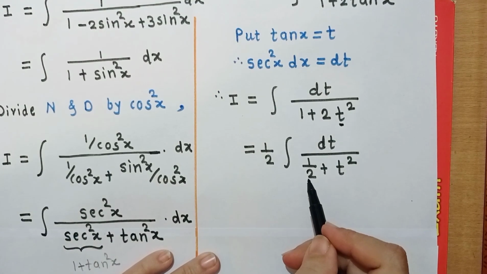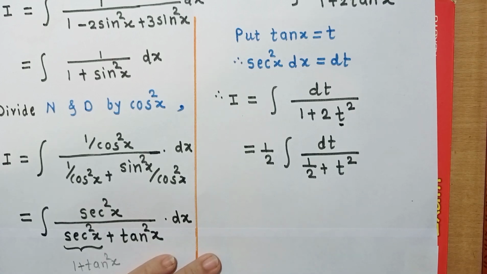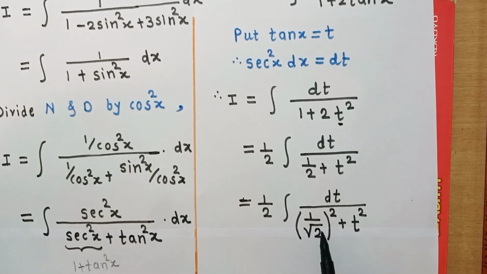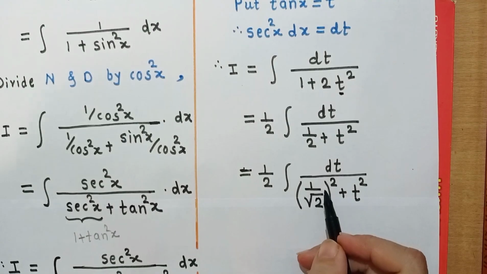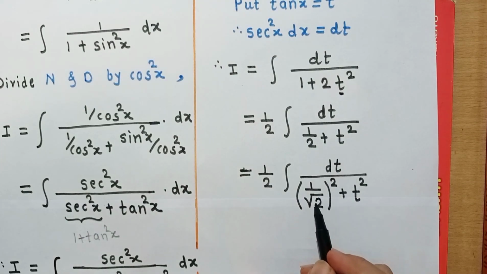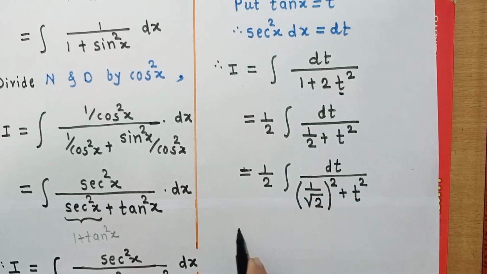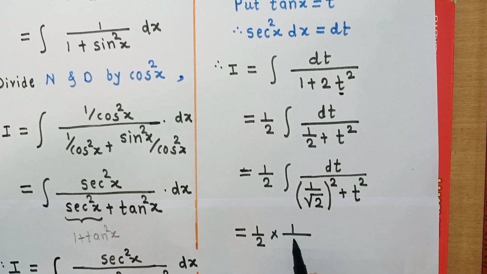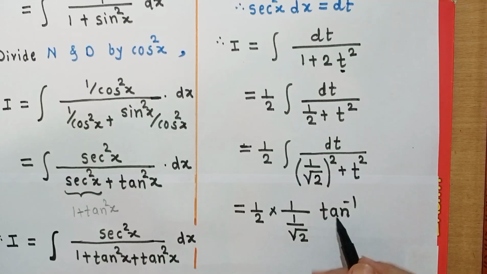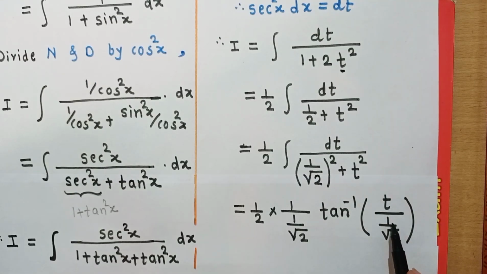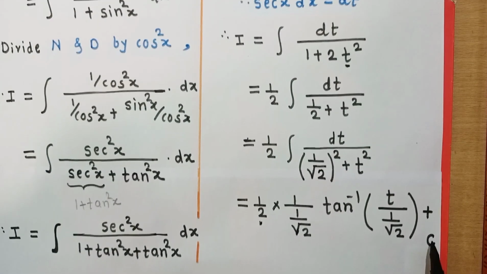Now we will keep this first term in square form. This is in the form of the first standard integral formula, 1 upon a square plus x square, or x square plus a square. So this is 1 upon 2 as it is, and we will use the formula 1 upon a, a means 1 upon root 2, tan inverse of t upon 1 upon root 2, and then we will write plus c.